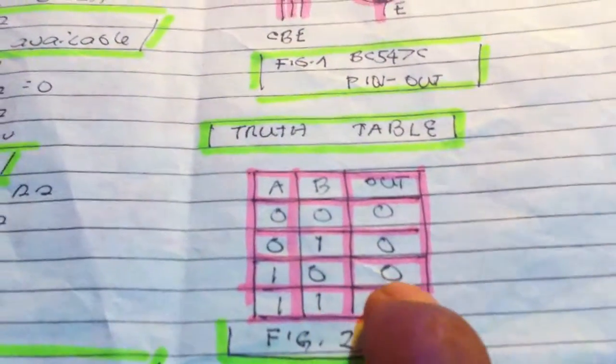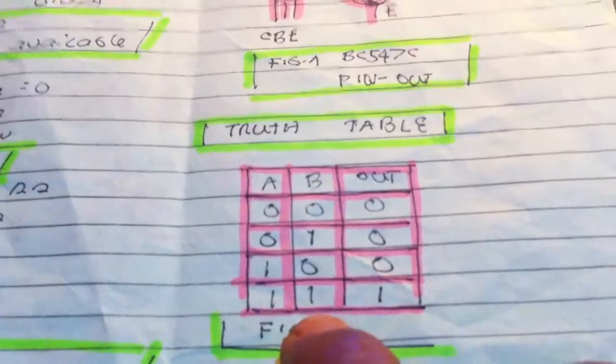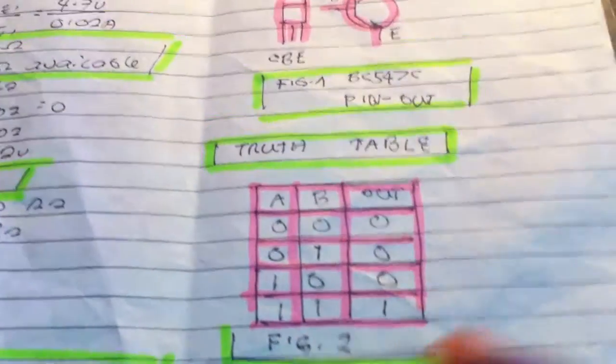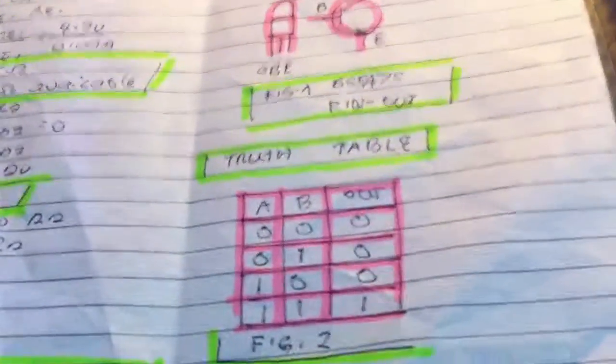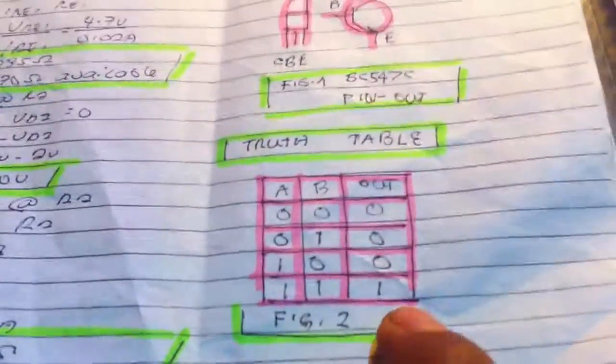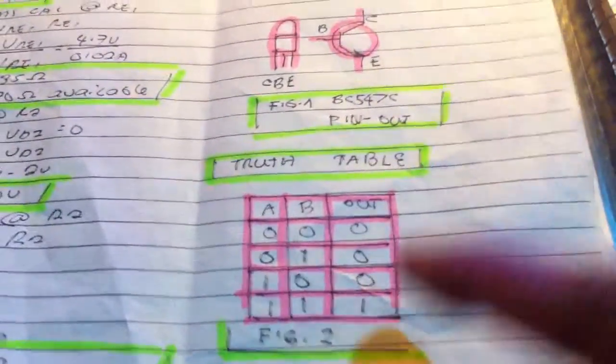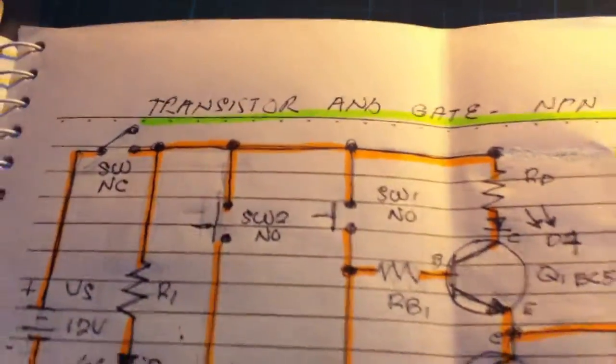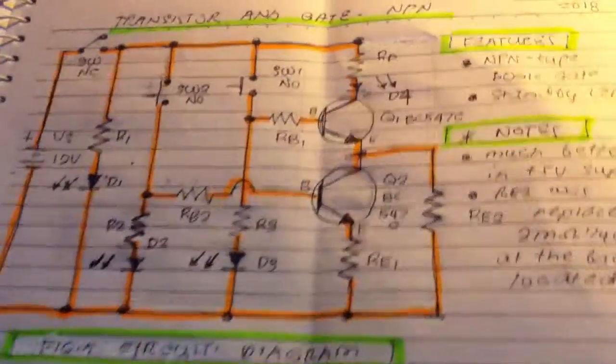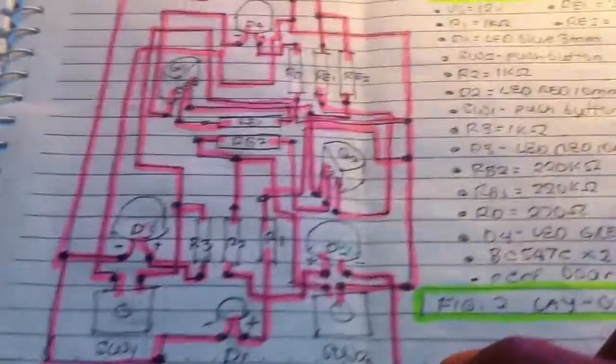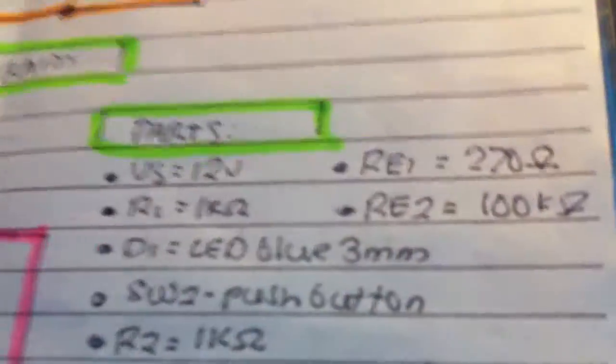Switch A, still no output. If you push both switches, there's an output. It means you need to push both buttons to make an output. And that is the layout here, the transistor AND gate. And this one is the circuit diagram, the parts here, and then we have the circuit here.